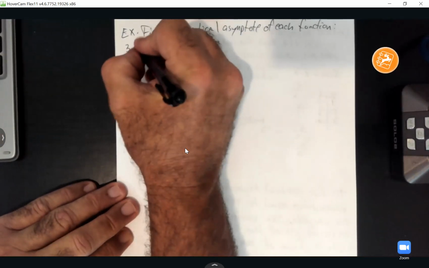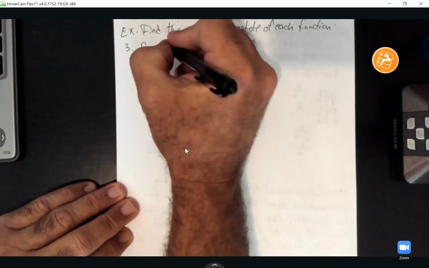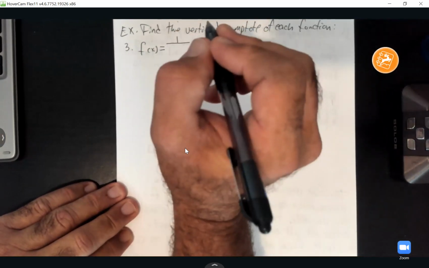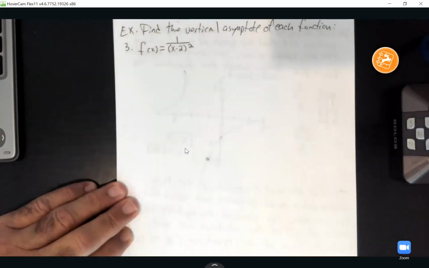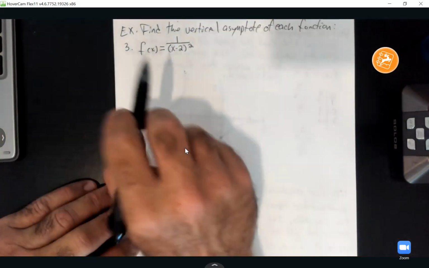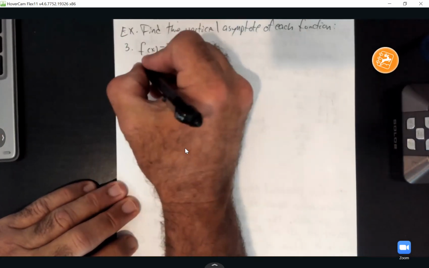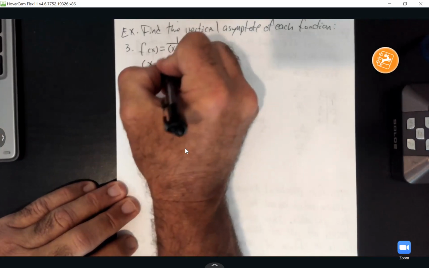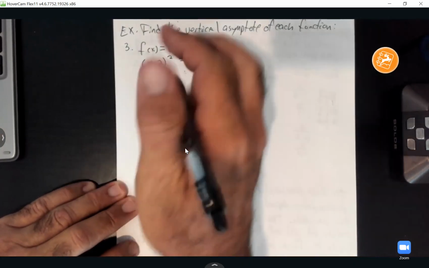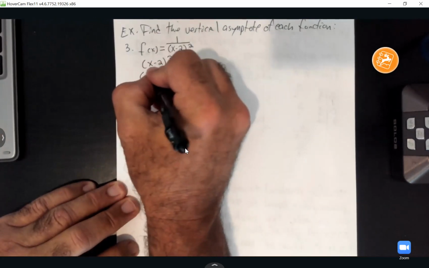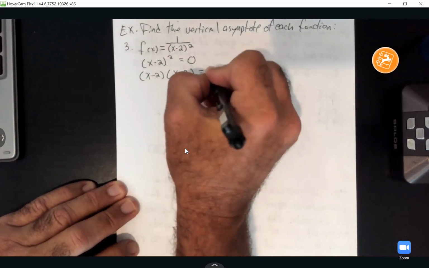So 3, they're giving me f of x equals 1 divided by x minus 2 squared. So we're going to take the bottom, set it equal to 0. Y'all remember, x minus 2 squared means x minus 2 times x minus 2.